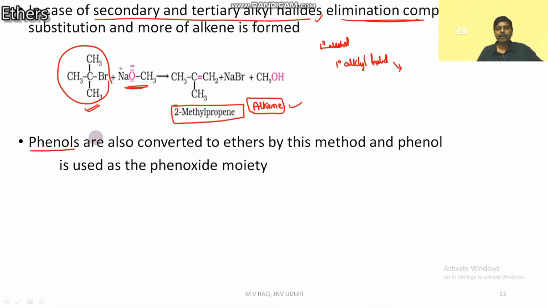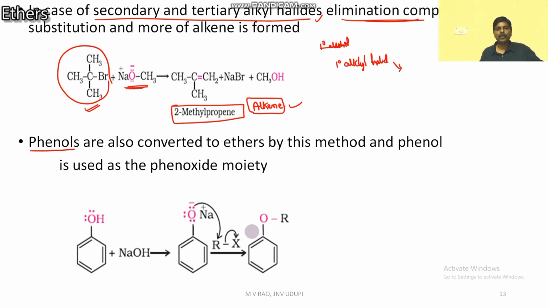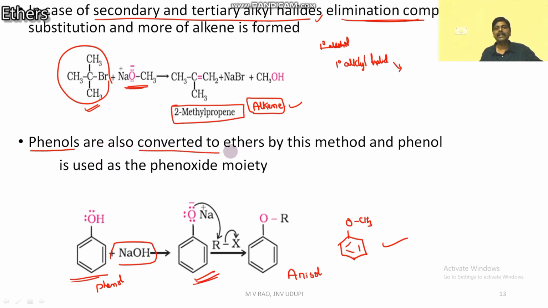Similarly, if you want to prepare anisole, an aromatic ether, C6H5OCH3, you can start with phenol. Phenol is treated with NaOH. You will get phenoxide. Phenols are converted into ethers by this method. Phenol is used as phenoxide.